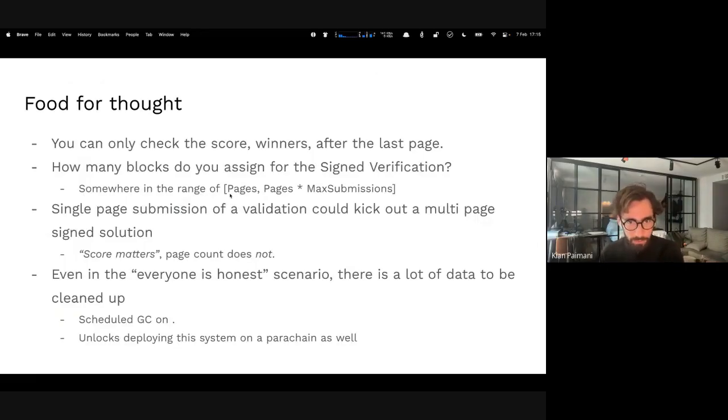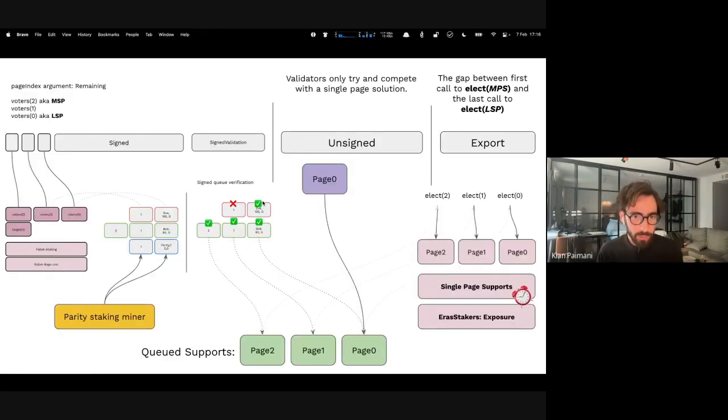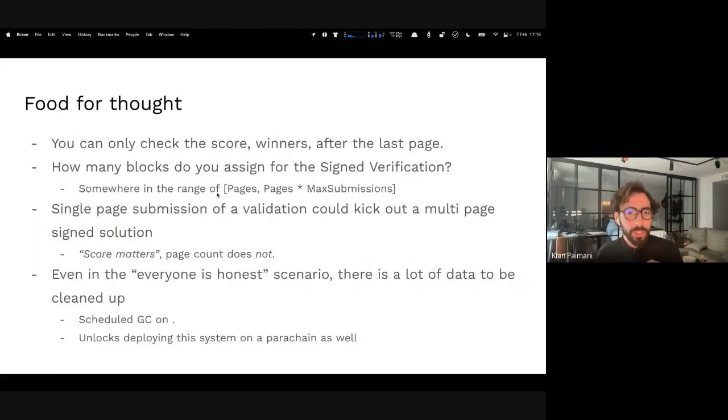And you need to make a decision in this range. So if the variable pages is the number of pages that your system has, in this case this whole system is 3-paged, you need to choose a number between pages and pages multiplied by the maximum size of that queue, the maximum number of people that can submit.